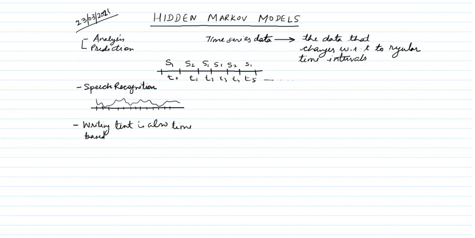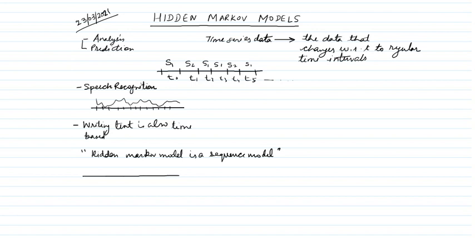So if I write a sentence, suppose "hidden Markov model is a sequence model", you see each of these words is generated and changes with respect to time.